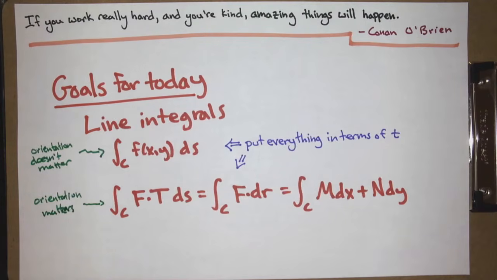Now, channeling your vast experience with calculus, because you've been studying calculus now for, this is your third semester. Some of you may have started even before then. Between these two, which one do you think is going to be the one we're going to focus on after today? Do we care about orientation, or do we not care about orientation when we're in calculus? What do you think?